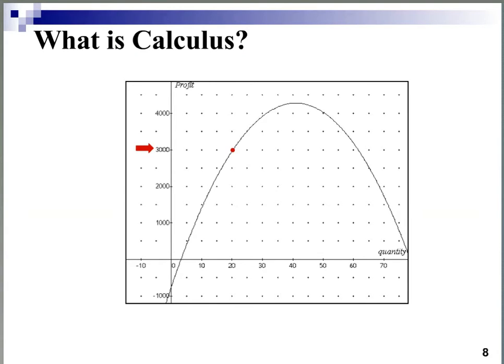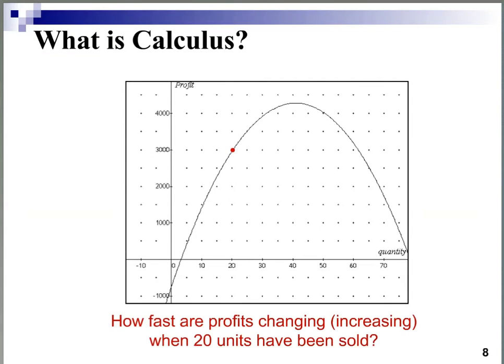Now, the graph tells us that just by looking at it. But in calculus, the question that we really want to pay attention to is, at that particular point on the graph, when 20 items have been sold and produced, how fast are the profits changing at that point?